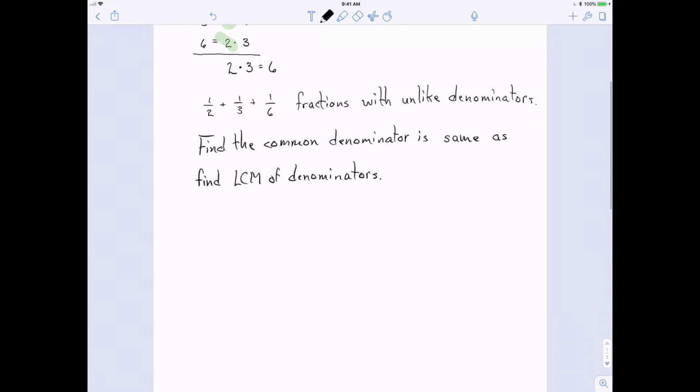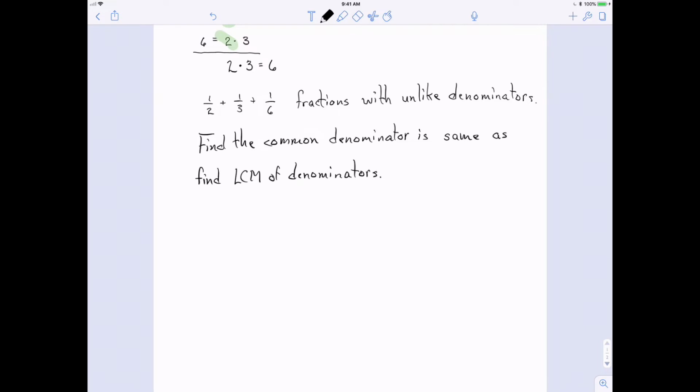So let's convert each fraction so that the denominator is all in sixths. We said 6 was the lowest common multiple.